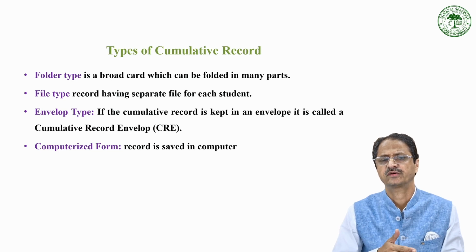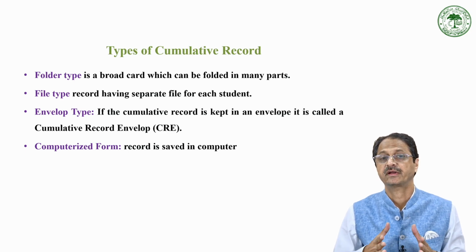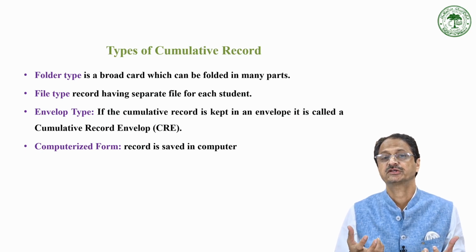File type: a record having separate files for each student. And envelope type, we can also use the envelope. If the counselor's record is kept in an envelope, it is called a cumulative record. But now in modern times, we are basically using different files which are maintained in the computer.